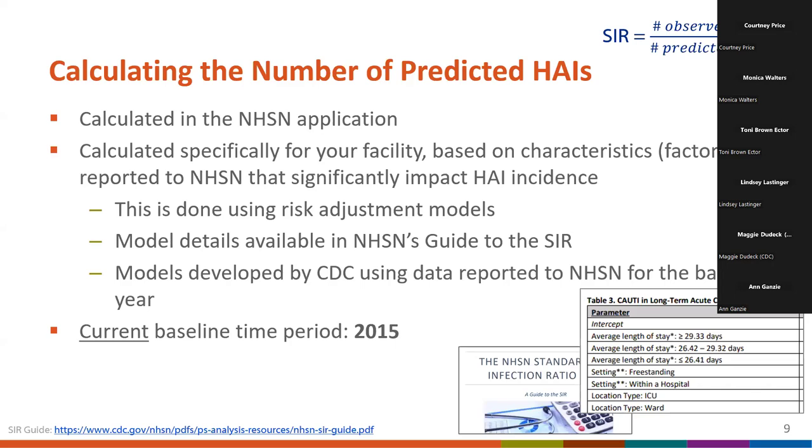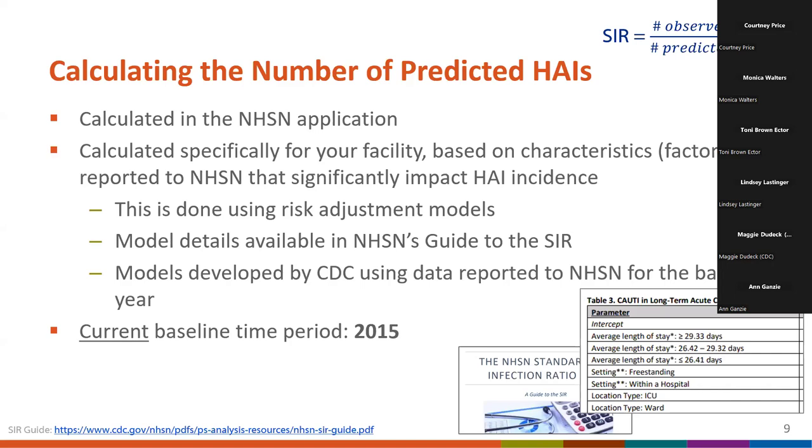So this includes characteristics such as the number of beds or the average length of stay for patients in the facility. You can read more about our current risk adjustment models and which specific characteristics, also called factors, are included in those models by reviewing NHSN's Guide to the SIR. And there is a link at the bottom of the slide to that PDF.